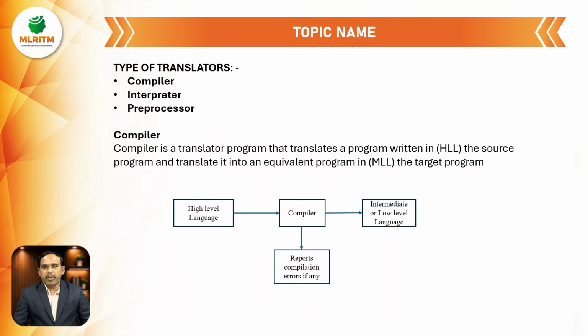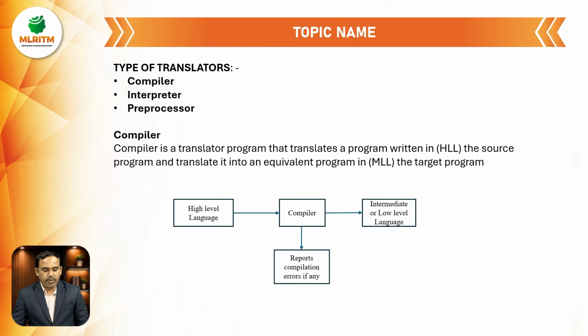There are three types of language translators: compiler, interpreter, and preprocessor. A compiler is a translator that translates a program written in a high-level language, the source program, into an equivalent machine-level language program, the target program.